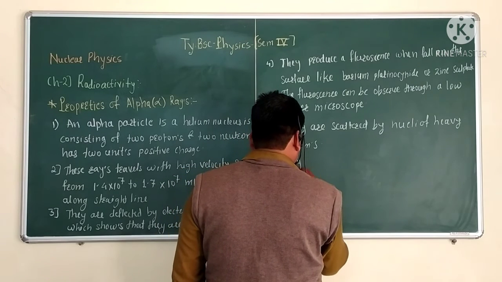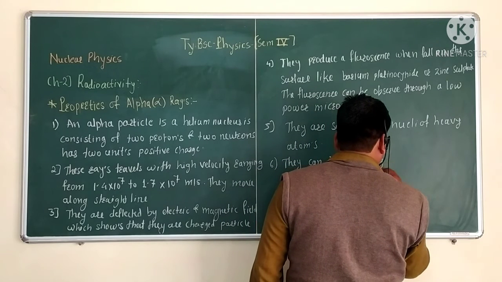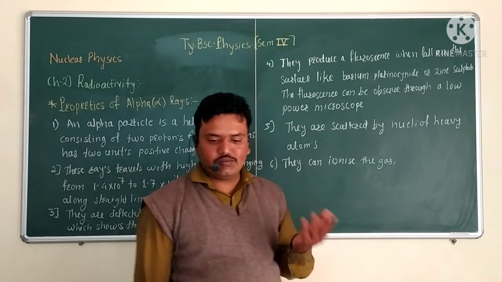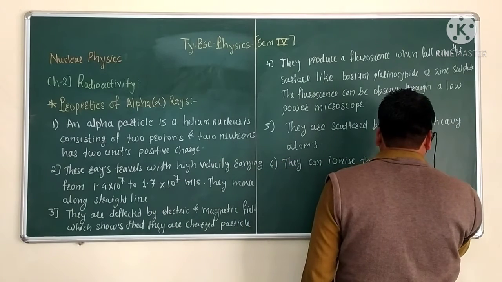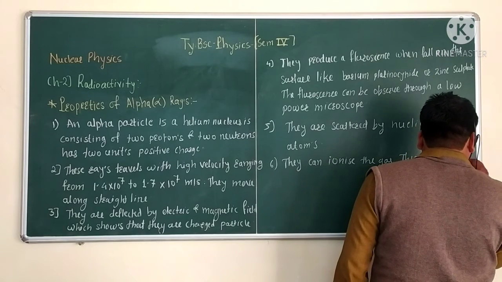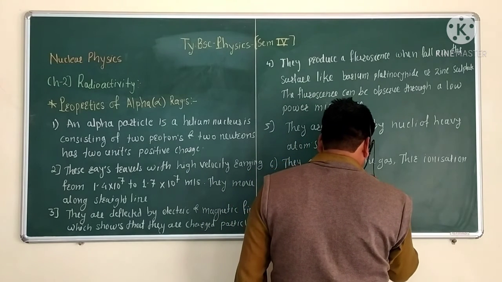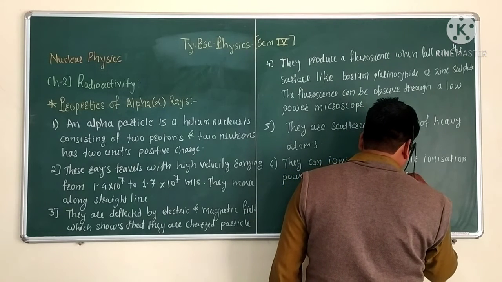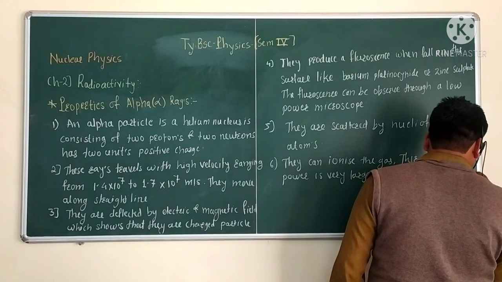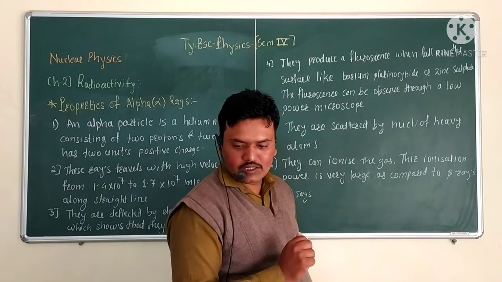Their ionization power is very large as compared to beta rays and gamma rays, or beta particles and gamma particles.